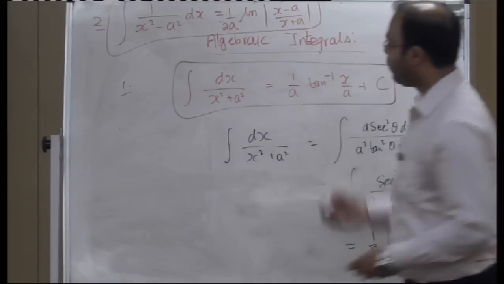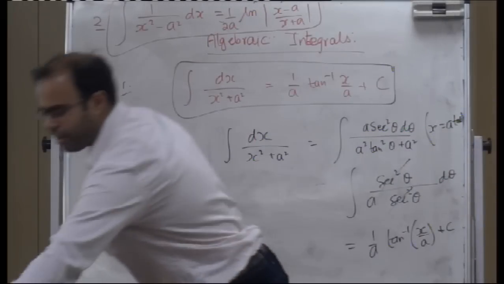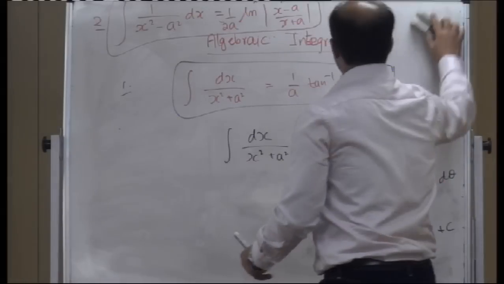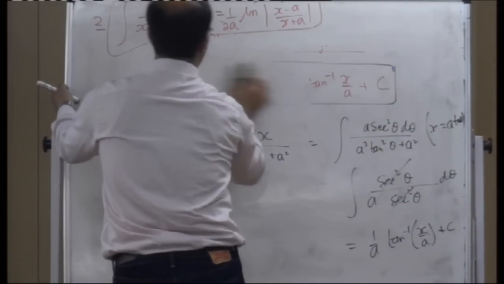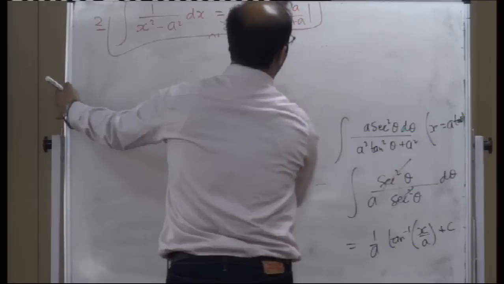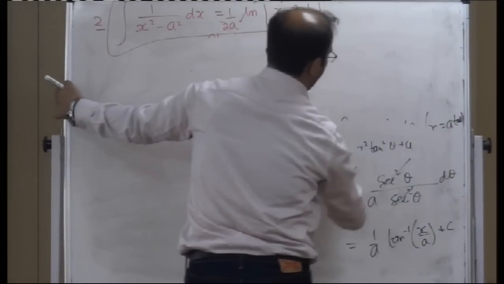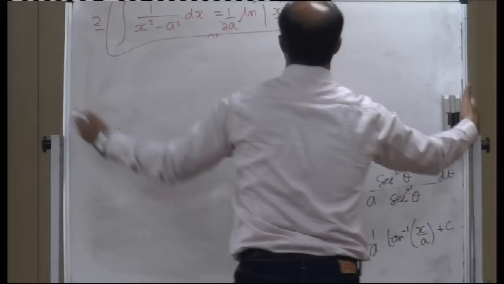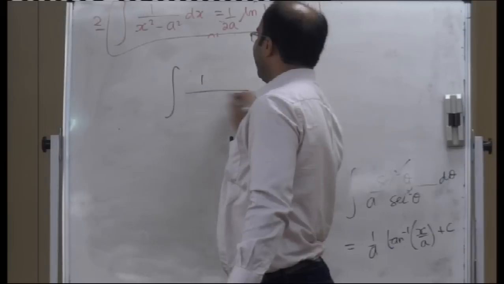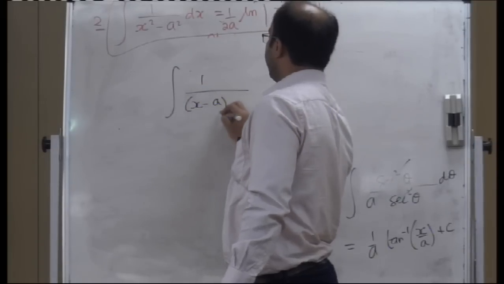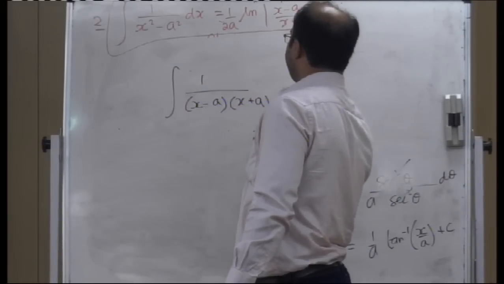This formula is again not so difficult to derive. Here we apply the formula of a square minus b square in the denominator and split it, so this becomes 1 by (x minus a) into (x plus a) dx.